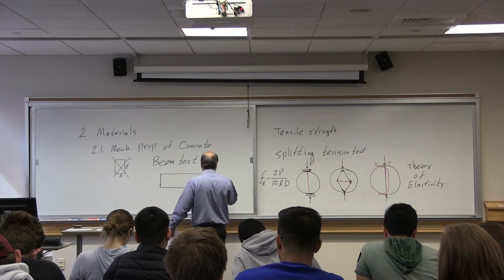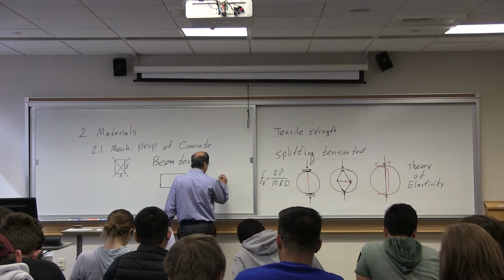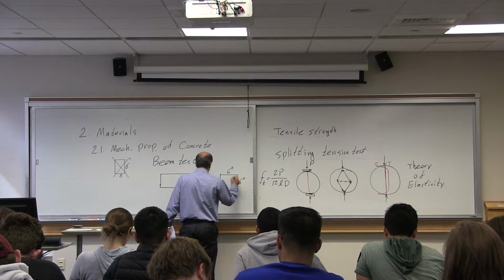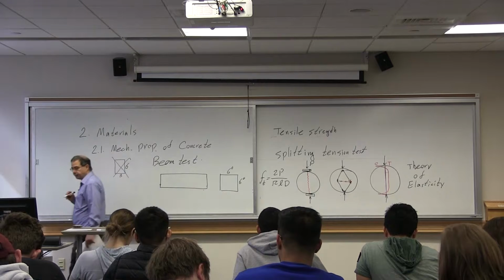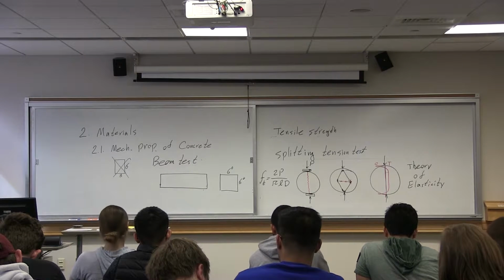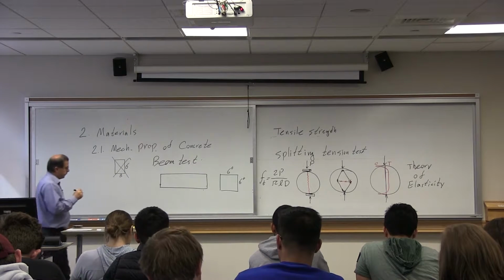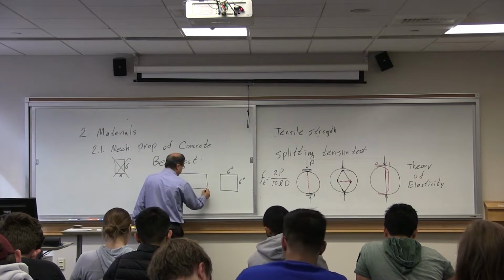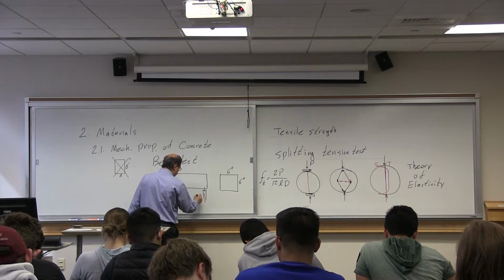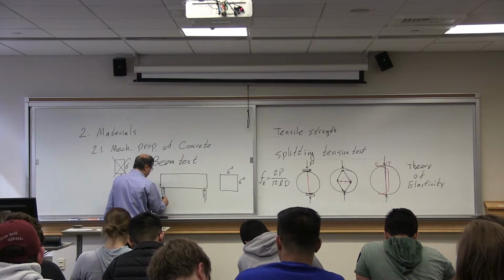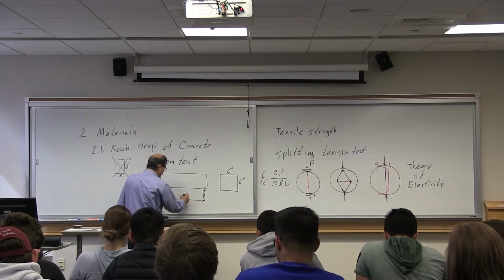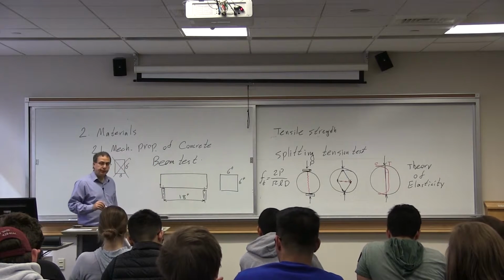The cross section of this beam, the standard size, is 6 by 6. When you run the test, from the center of support to the center of the support, it's going to be 18 inches.